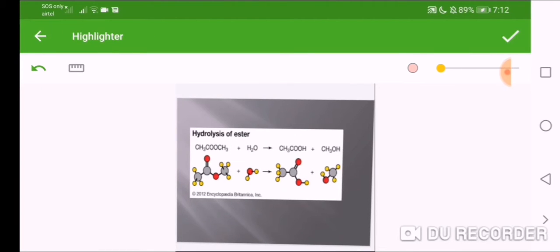When methyl ethanoate reacts with water, it will produce ethanoic acid and methanol. The reaction is given in the picture. It is the methyl ethanoate, and this is ethanoic acid, and it is methanol.